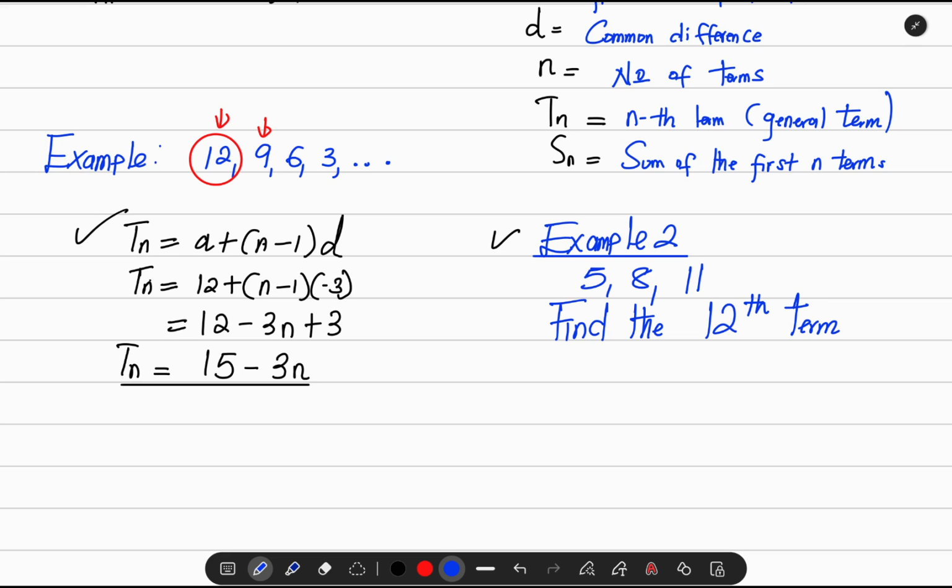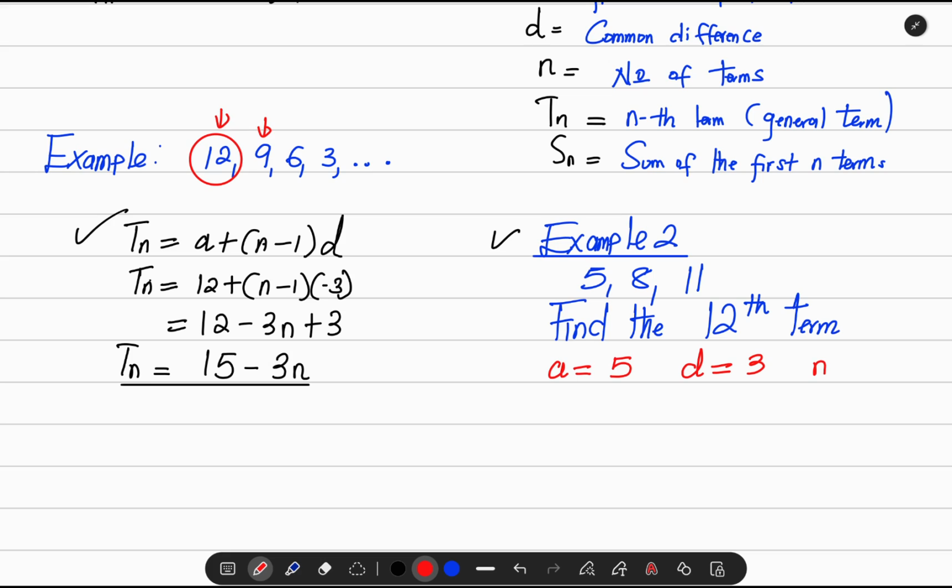How are you going to find the 12th term? Identify your first term, 5. Identify your common difference, 8 minus 5, 3. If you want, you can get 11 and 8, you still get 3.